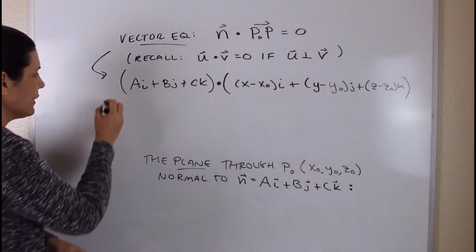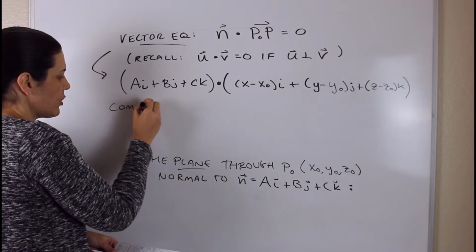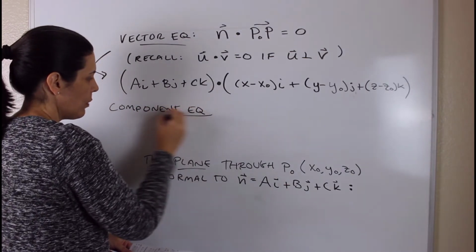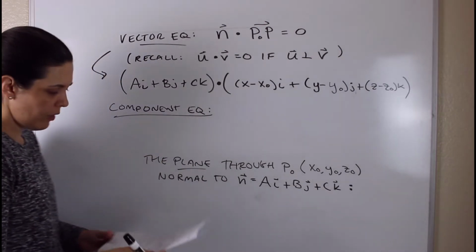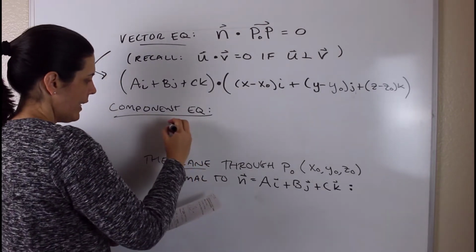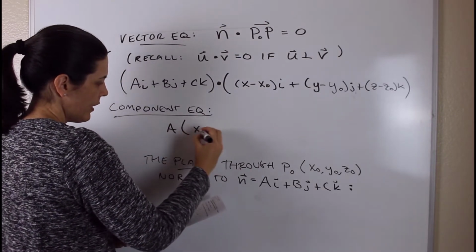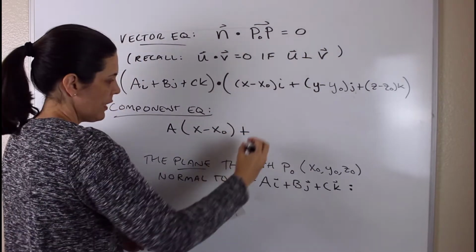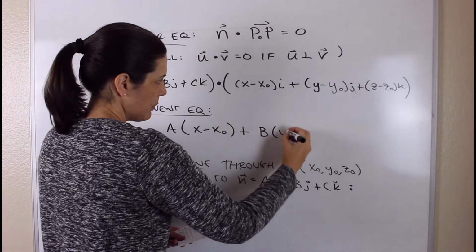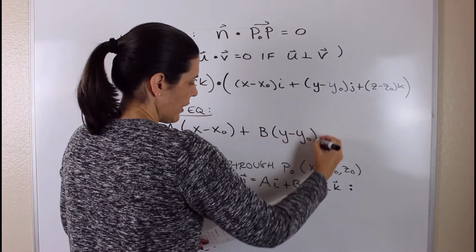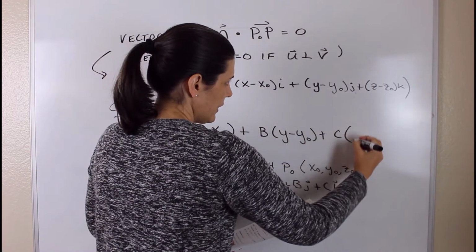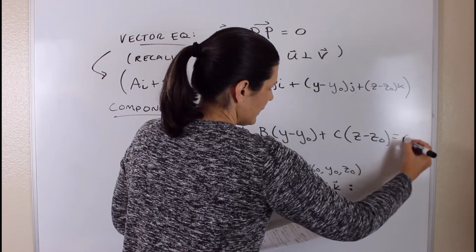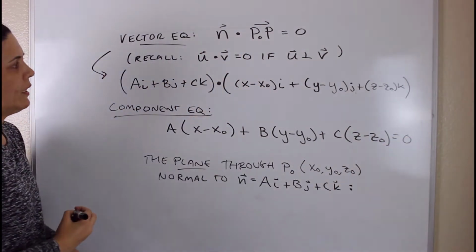And so we can say now that the component equation of a plane looks like the following. We have a times x minus x naught plus b times y minus y naught plus c times z minus z naught, and this still equals 0, okay?